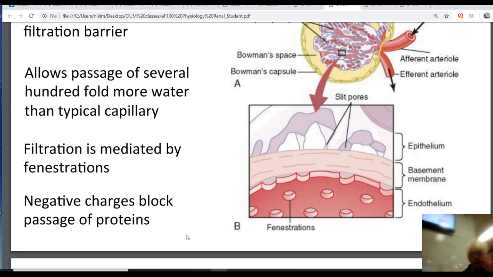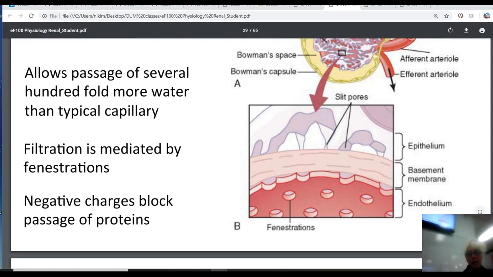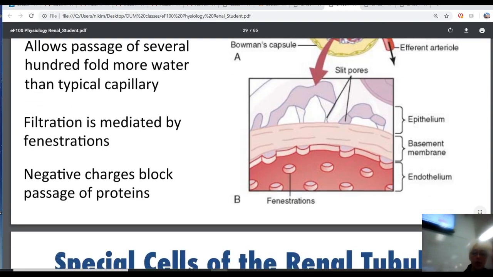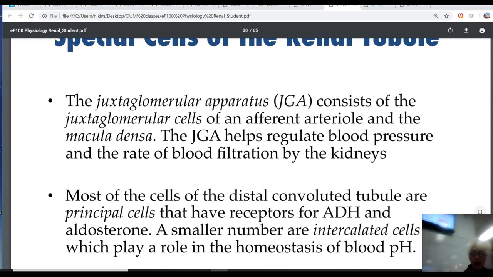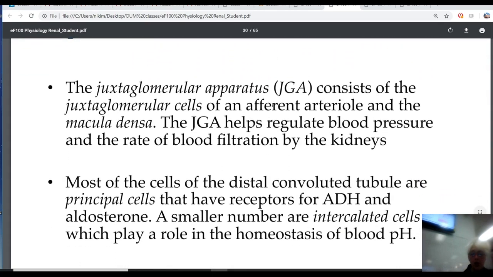Also, charges themselves, which you can say negative or positive, are specific to the type of activity of a particular structure. So charges are really important. Neutral proteins that have no charge won't be repelled or attracted, so if there's no charge, it's not going to go through either.